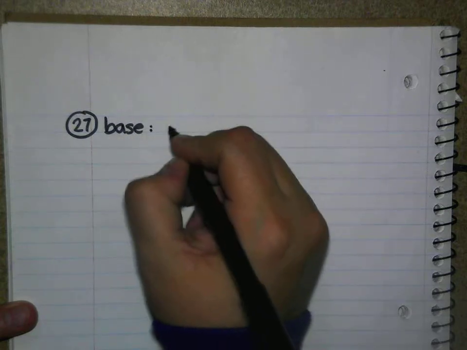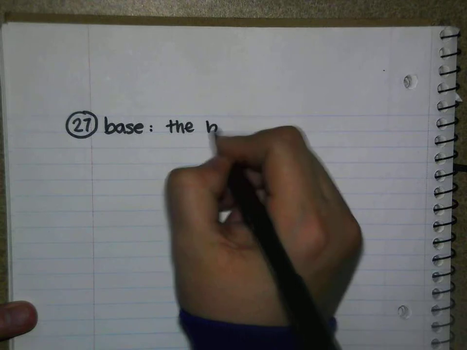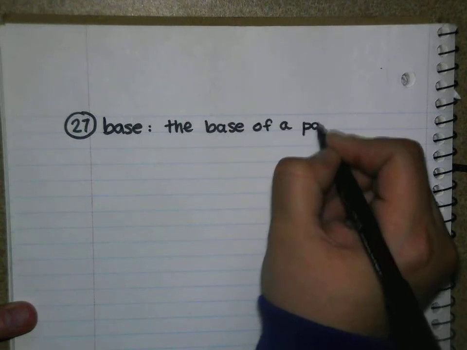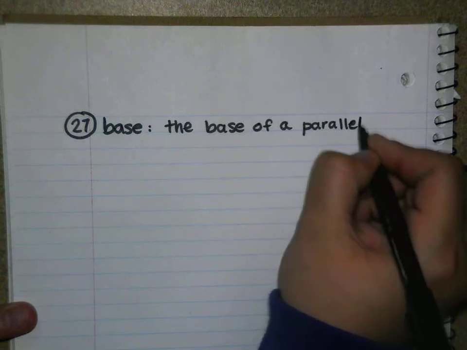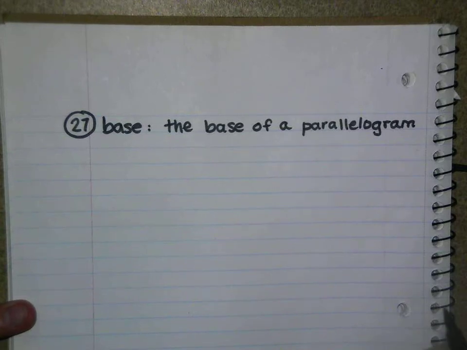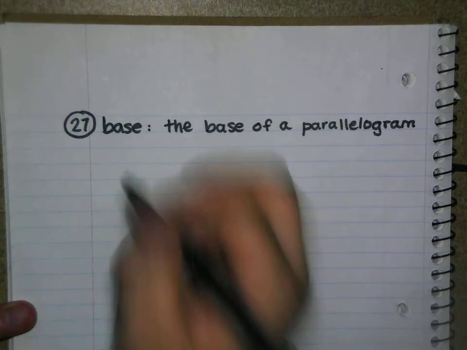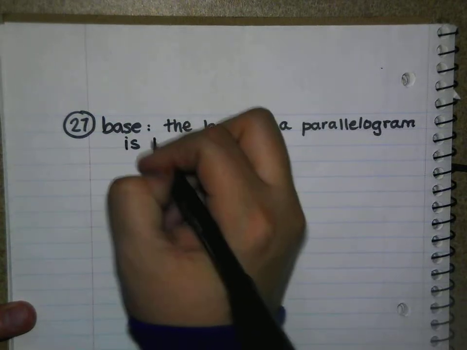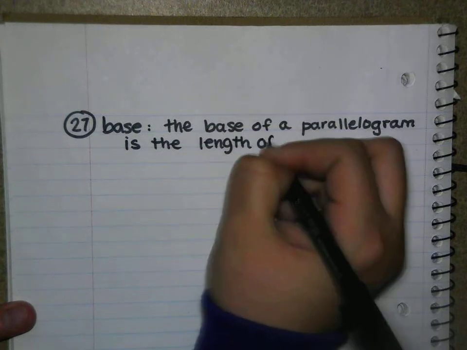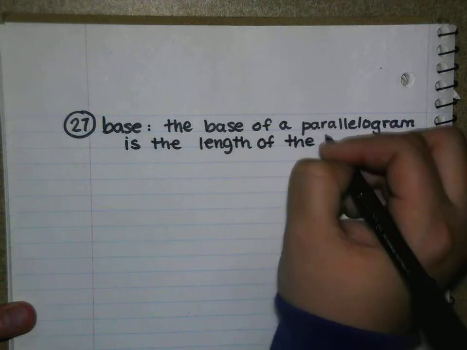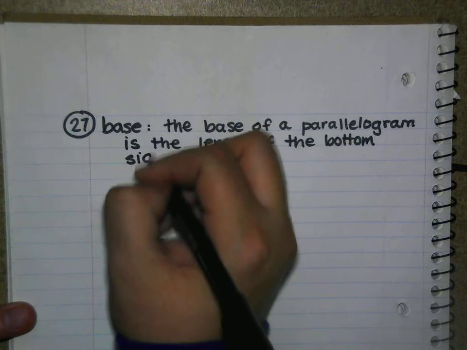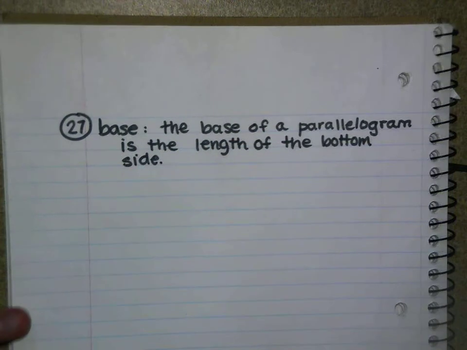So the base of a parallelogram is the length of the bottom side. Okay, and you're going to see that in the drawing that I do after number 28. So that is the base.